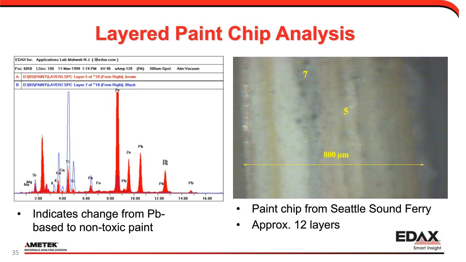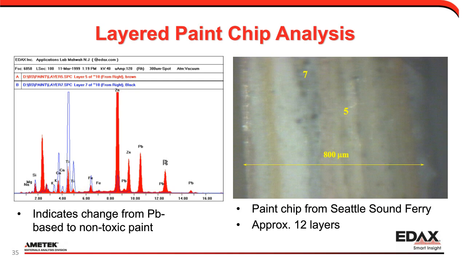Or it could be that it has an inorganic formulation based on whether it's for interior use or for exterior use. So here's an example of a paint chip that I found on the Seattle Sound ferry. That's one of the ferry boats that runs in the Seattle Sound.